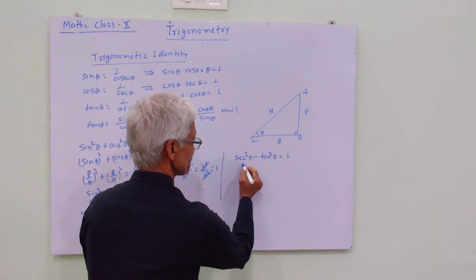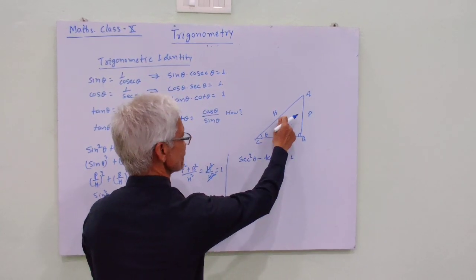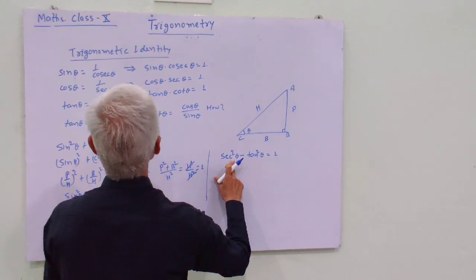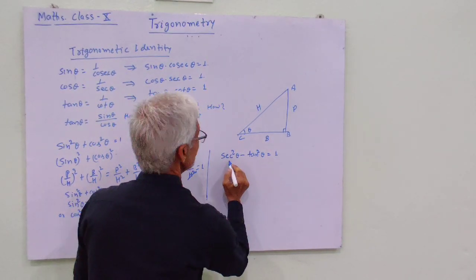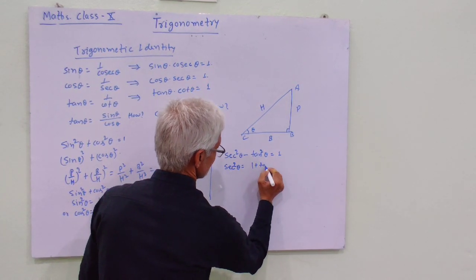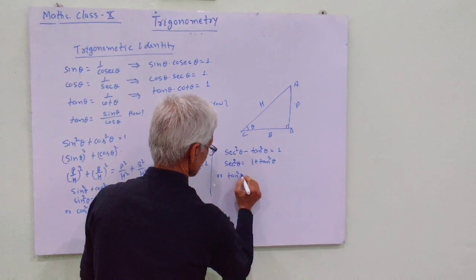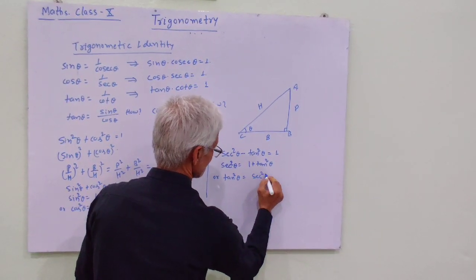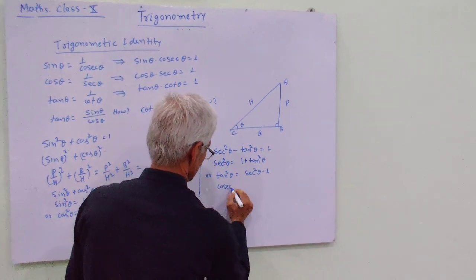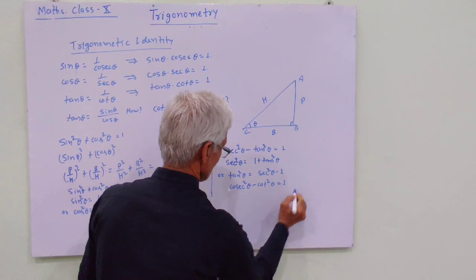another square relation: sec square theta minus tan square theta. This can be proved by this formula, with the help of this triangle and the trigonometric ratios. Sec square theta is equal to one plus tan square theta, or tan square theta is equal to sec square theta minus 1, and cosec square theta minus cot square theta is equal to 1.